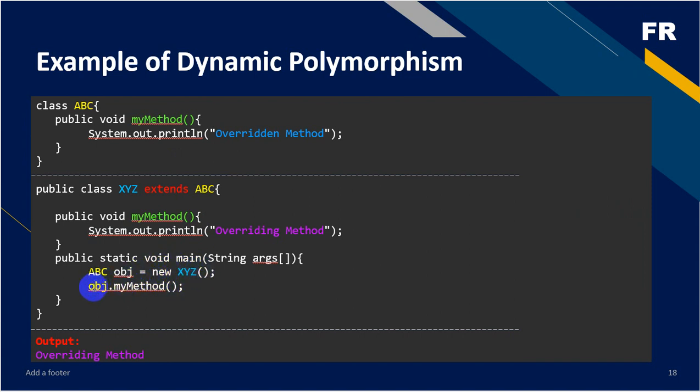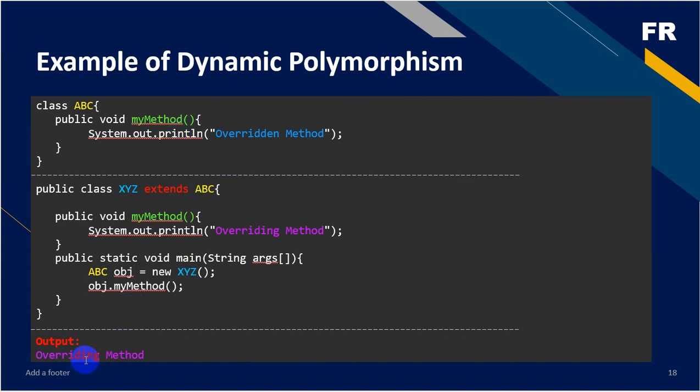And when we call my method through the object, remember the object is of the parent class, right? And we have typecasted or stored the child class object right here. And when we call object dot my method, what will be the result? This function or this function will be called, right?